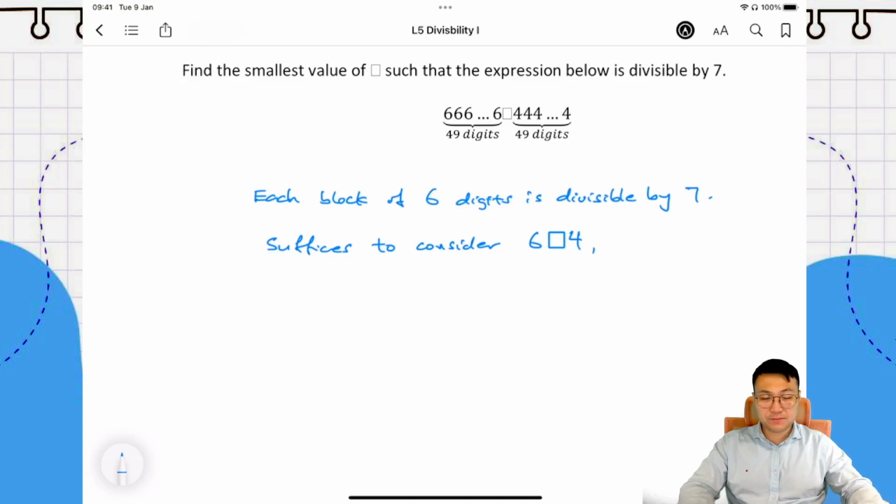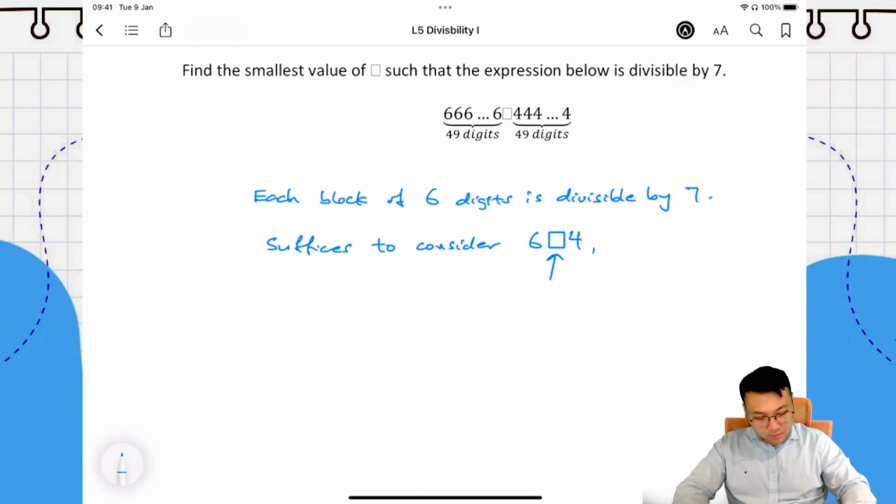We just group them into groups of 6. We know that each group of 6 is already divisible by 7. So you just need to think about 6 square 4, and figure out what the value of the square is so that 6 square 4 is divisible by 7. Everyone, can you figure out what this square is? Type your answer in the chat.